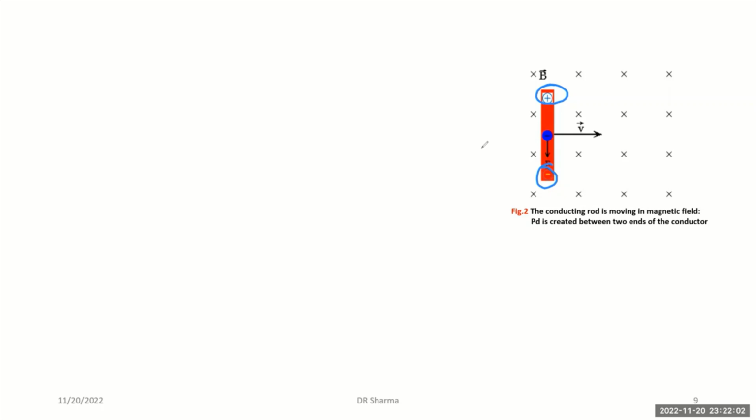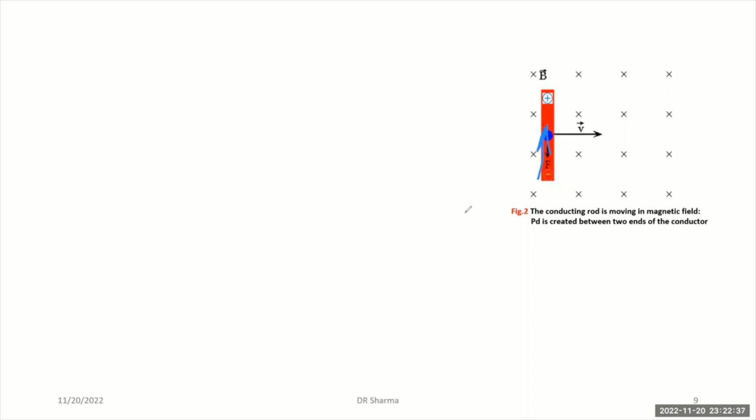And if we connect this conductor to an external circuit with a load, the induced current will flow through the circuit. Now, one important thing to remember here is that as the electrons shift downward, the induced electric field will exert upward force on those very electrons.